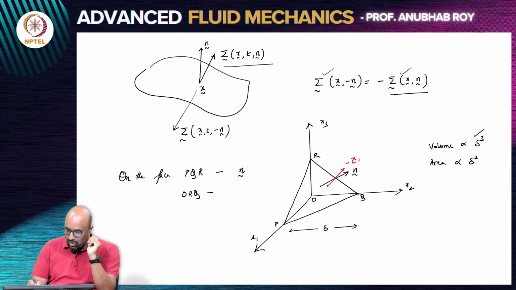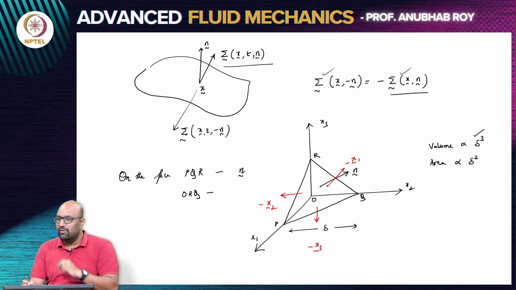On the face OPQ, the unit normal is minus x3, the unit vector along x3 but negative of it. Similarly, on the face OPR, the unit normal is going to be minus x2. These are the various unit normals for this particular problem.